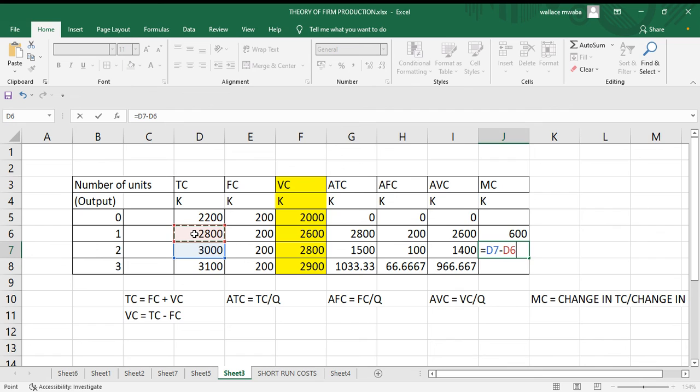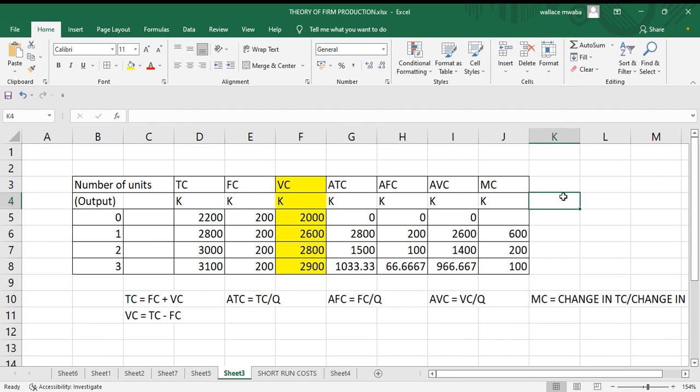Remember, the marginal cost is the additional cost incurred by producing 1 more unit of output. That's 200. And here, we're going to say 3,100 minus 3,000, and we get 100.